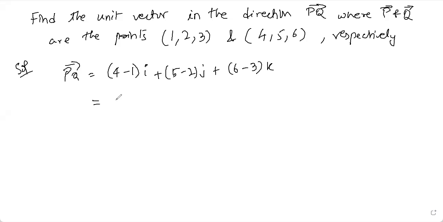So which is equal to 3i plus 3j plus 3k, right?